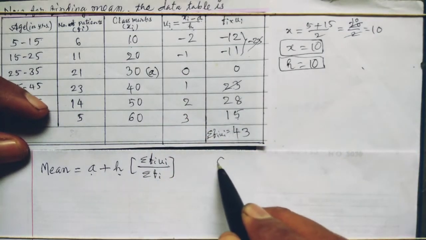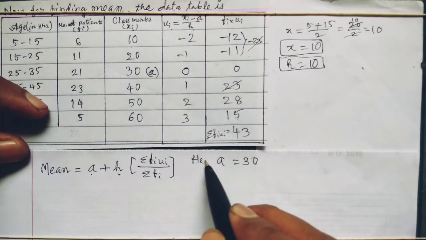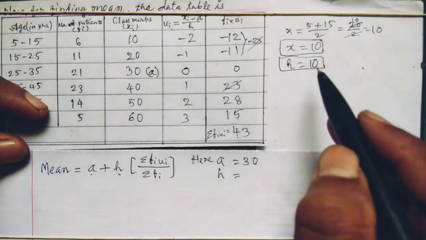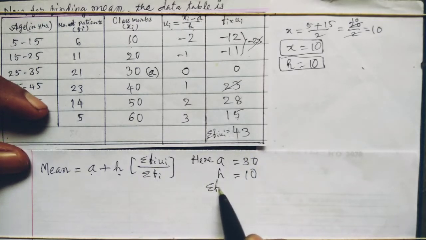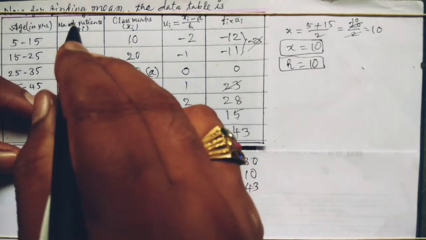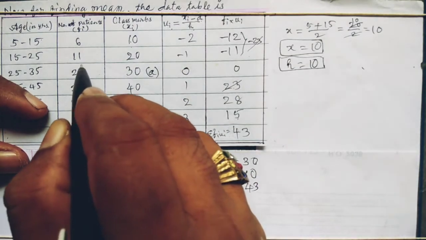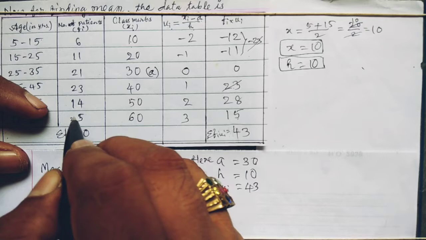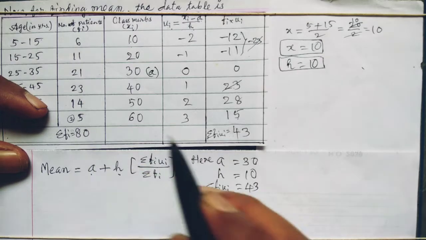A is equal to the assumed value 30 here, and h is equal to 10, sigma fi ui is equal to 43, and sigma fi is equal to 9, 12, 13, 14, 20, 3, 5, 7, 8, 80.